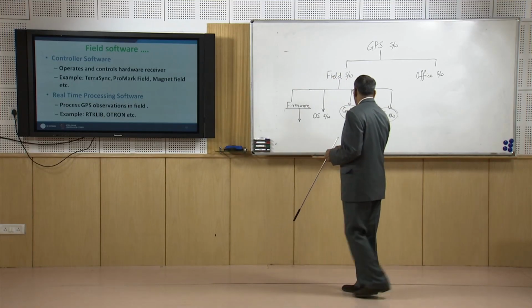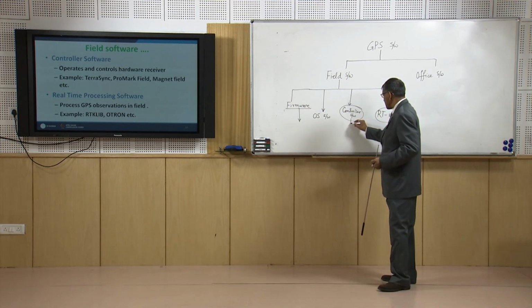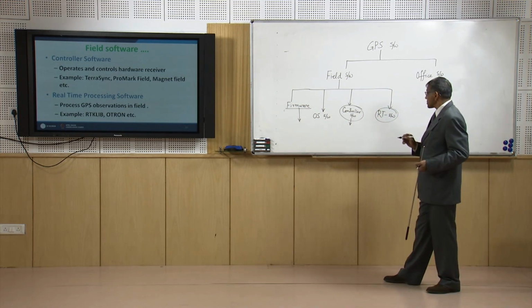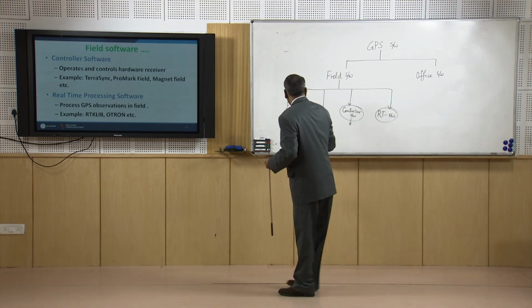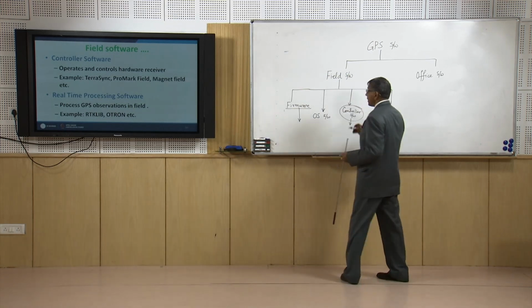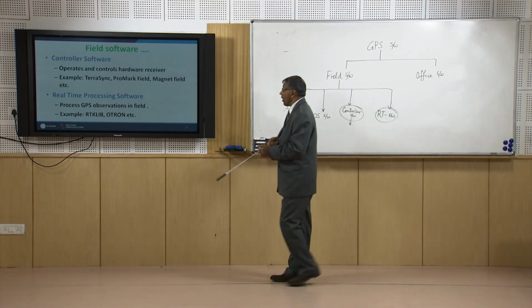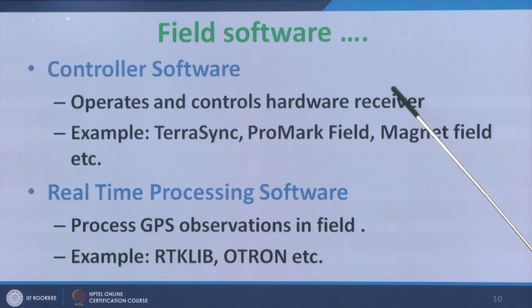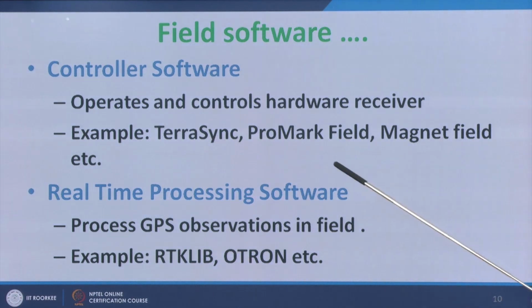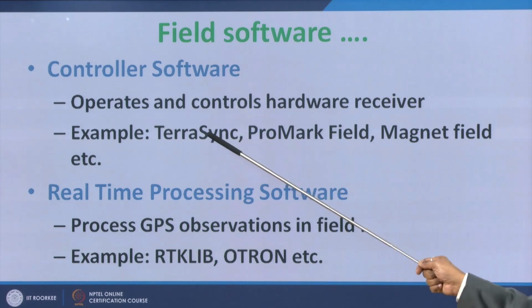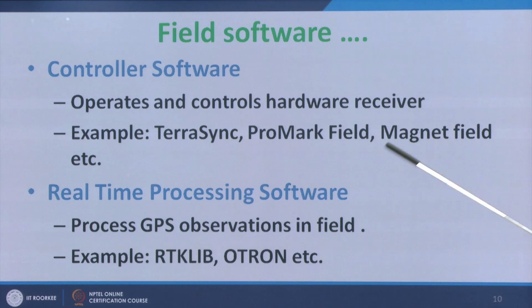Then one domain specific software, which is called controller software, is available within the controller. This software operates and controls the hardware receiver, and by using the controller software we carry out many field works of the GPS receiver during data collection and other work.